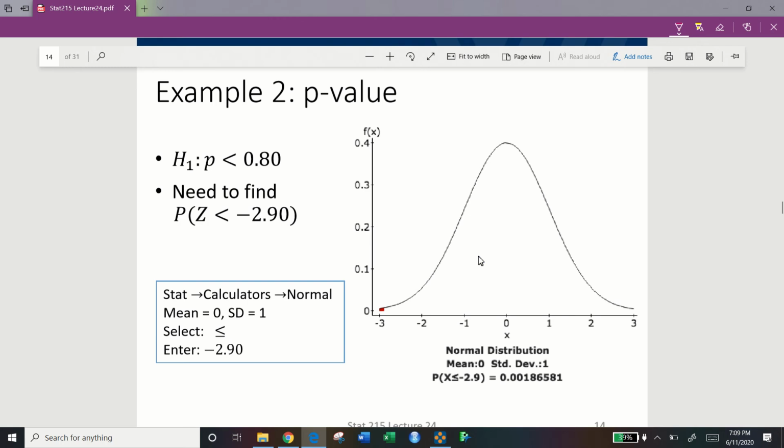If we use StatCrunch, we can go to Stat, Calculators, Normal, select our mean to be 0, our standard deviation of 1. Since we are trying to find the probability of z being less than or equal to -2.90, remember our alternative is less than, in StatCrunch, we'll also click less than, and then we will enter our test statistic of -2.90, and then select enter or compute, and we will get a p-value of 0.0018658.